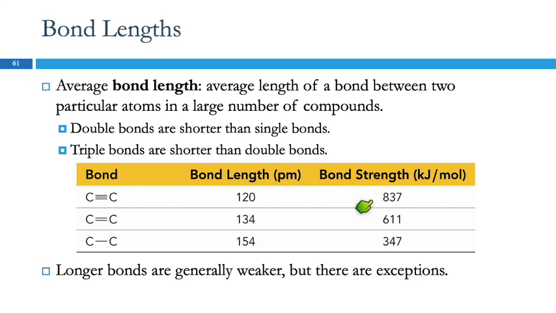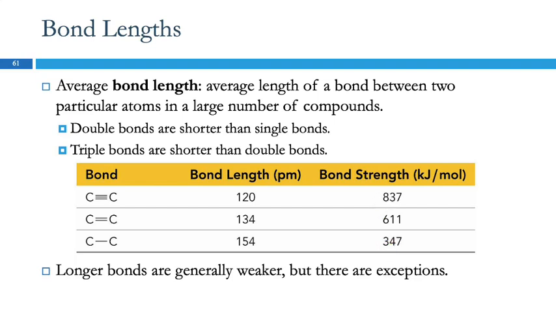And here the bond strength is getting smaller. You could think of this as 3 rubber bands holding the carbons together versus 2 rubber bands or 1 rubber band. And 1 rubber band is going to stretch more easily. So these will be a little further apart. And if you're trying to break them entirely, you can break one rubber band easier than breaking 3.